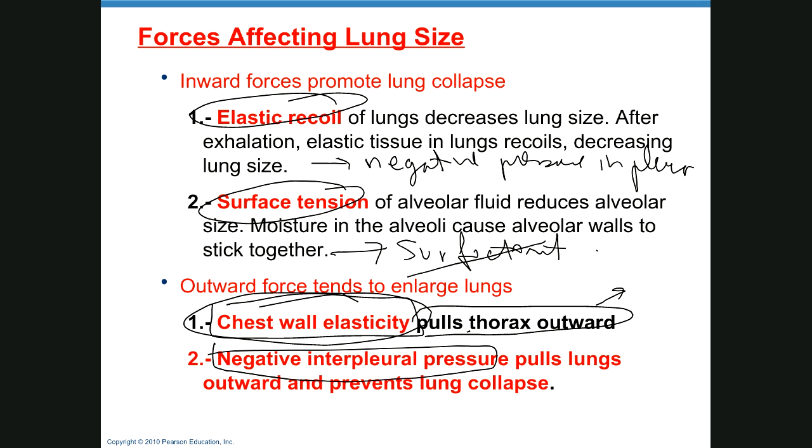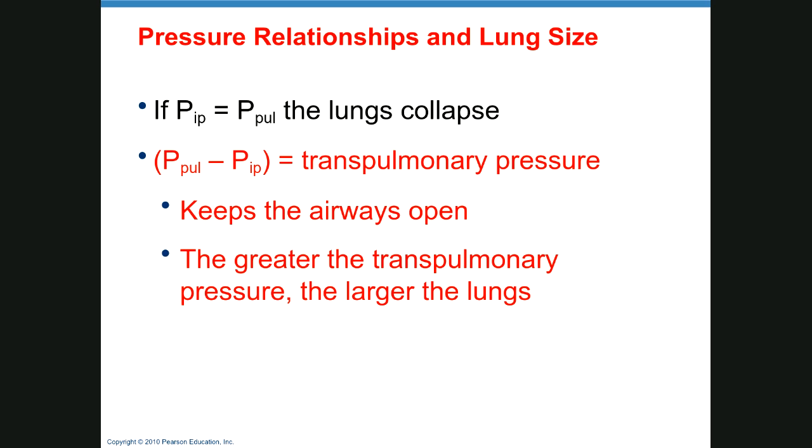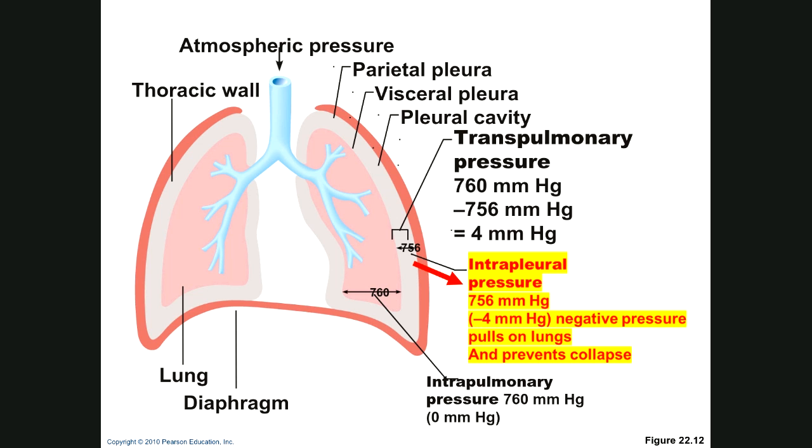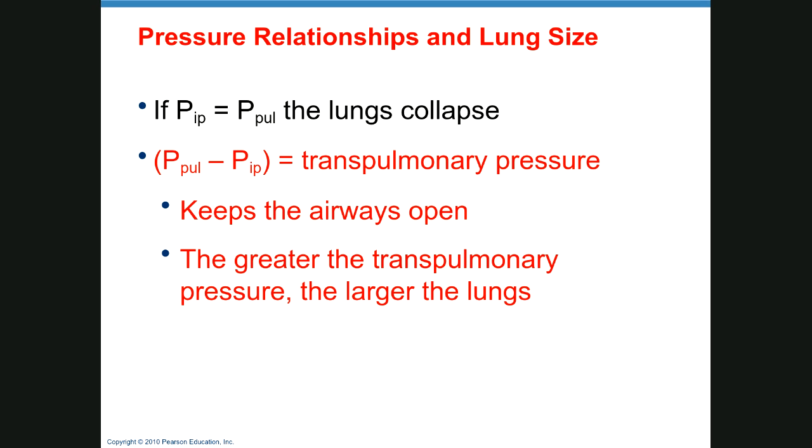Or even worse, if that broken rib punctures the pleura and damages this negative pressure, then the lungs could collapse. So those are the things that could cause lung collapse: a broken rib, a mechanical injury to the pleura.